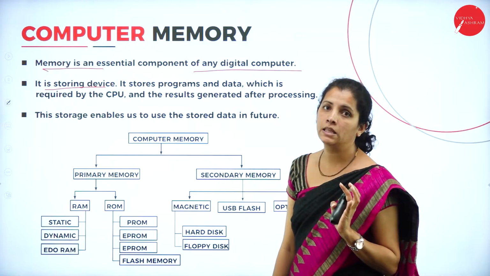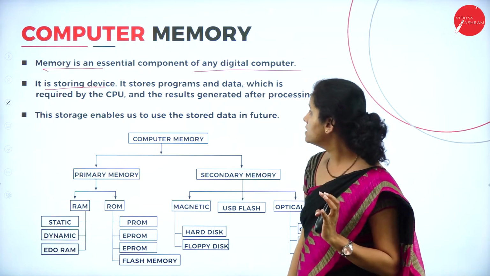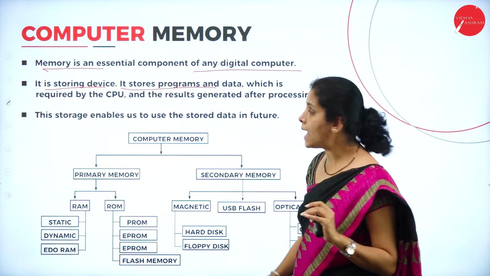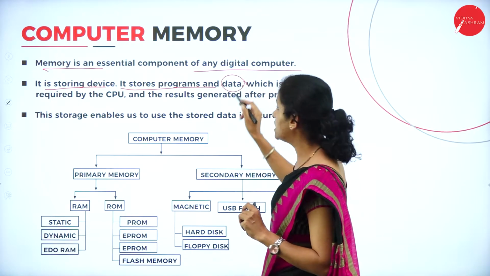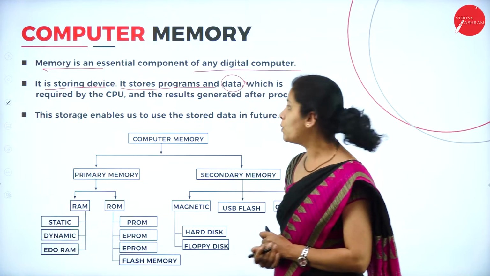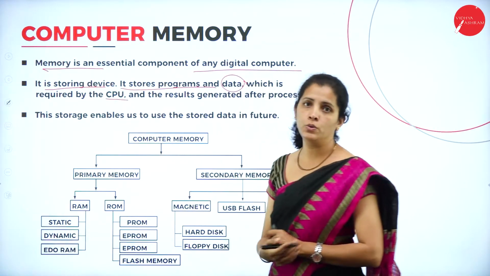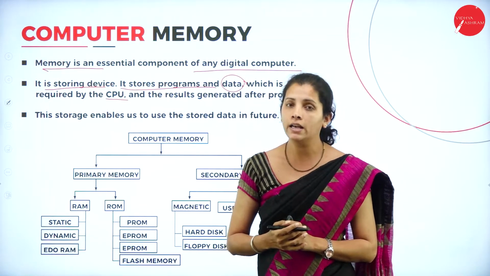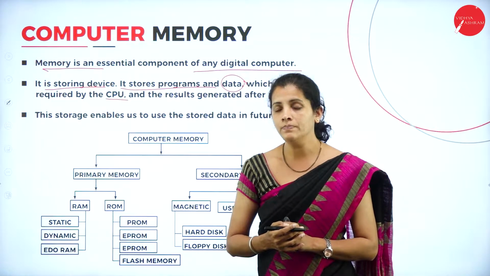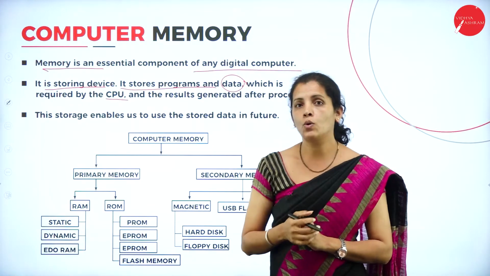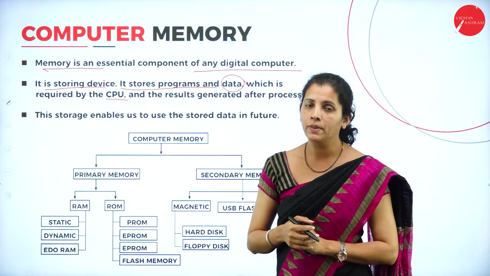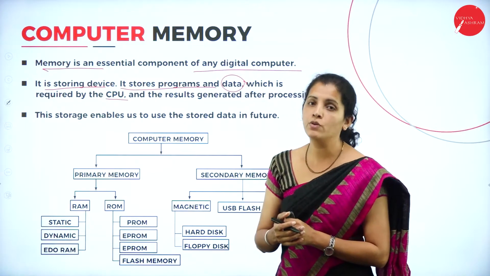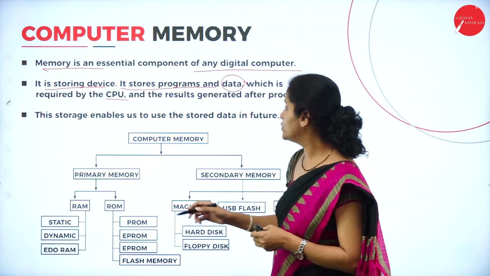It is nothing but the storing device, and it is capable of storing programs as well as data which is required by the CPU. That means when I enter any data into the computer system, that data is stored in the computer memory, and the same data is requested by the CPU for further execution.